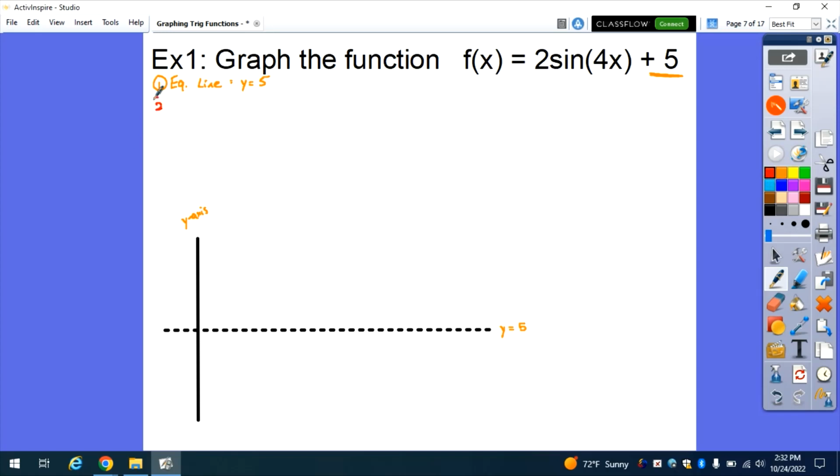Now, let's get our maximums and minimums. To find that, all we have to do is add the amplitude, which is 2, to the equilibrium. So, what's 5 plus 2? We get 7. We added 2 to 5, and we get 7.